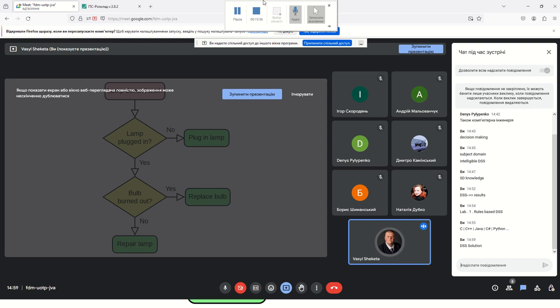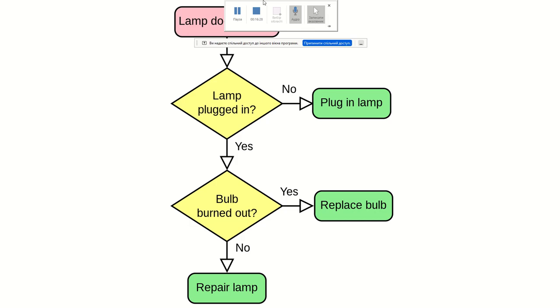DSS is our main topic for all this course. DSS should be understood like a general direction, general outline in which we give some solution making.